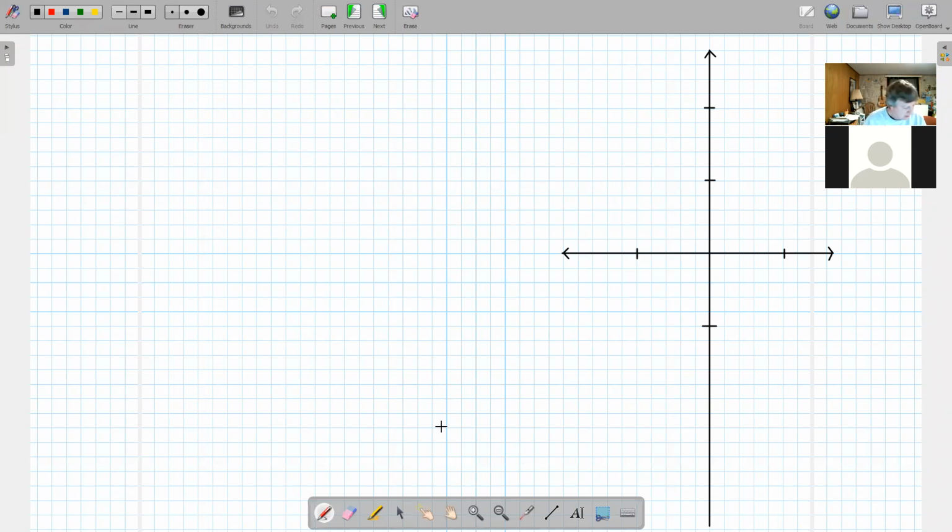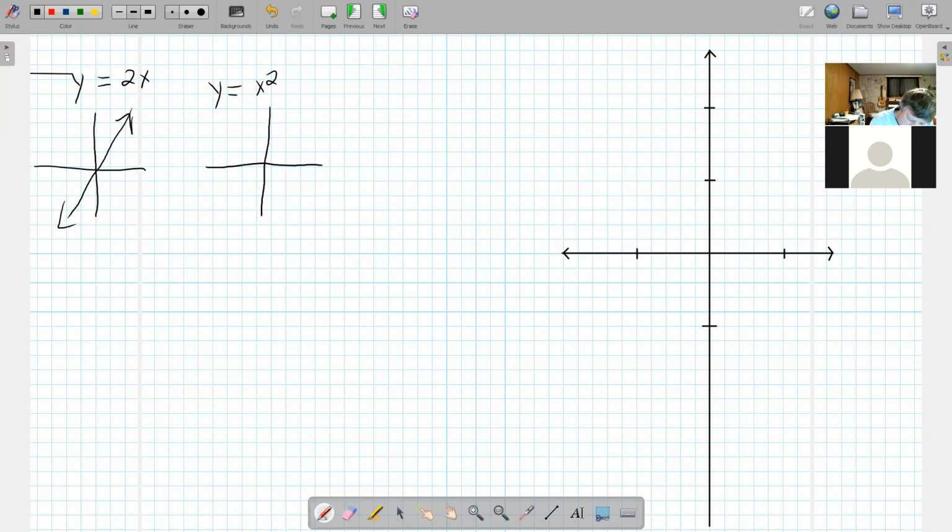Yes. Okay, great. We have looked at linear equations, for instance y equals 2x, the graph of which would be a straight line. We've looked at quadratic or second degree equations like y equals x squared, the graph of which would be a parabola.